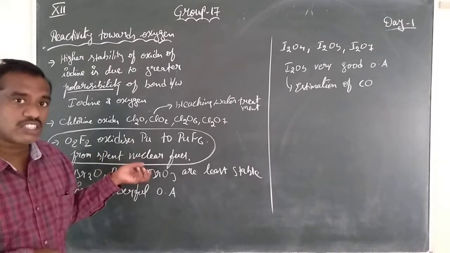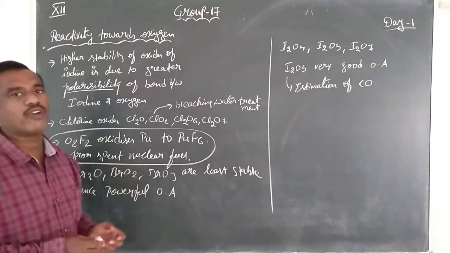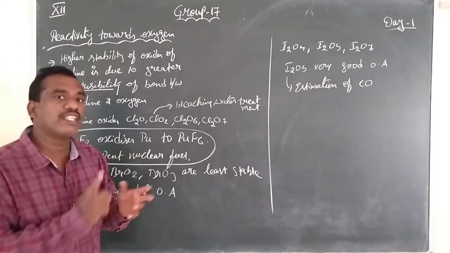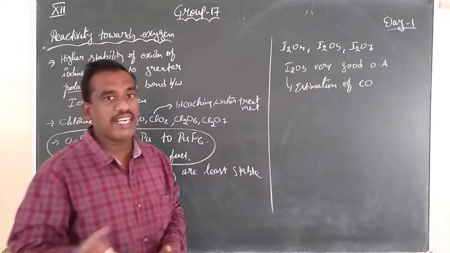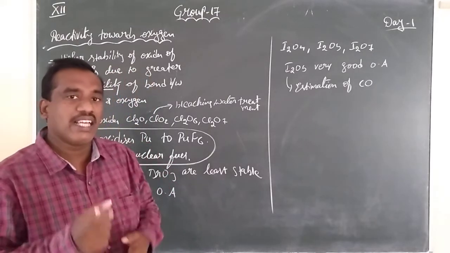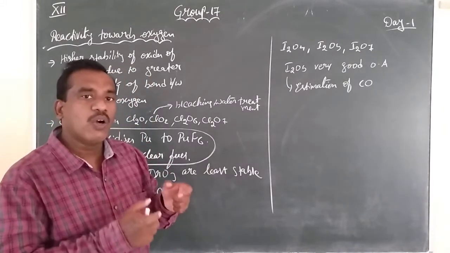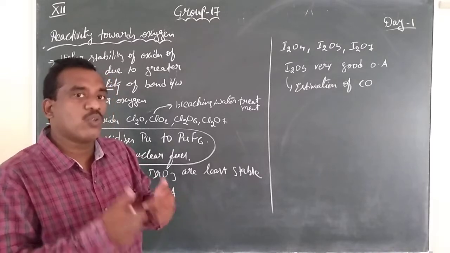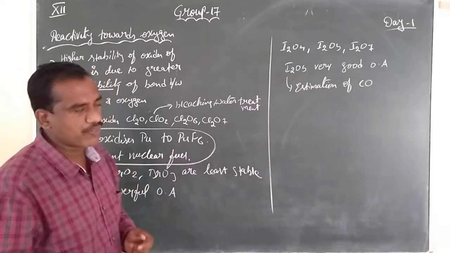O2F2 oxidizes plutonium to plutonium hexafluoride from spent nuclear fuel. So plutonium is being combined with an electronegative element in the presence of O2F2. O2F2 is acting as a good oxidizing agent to oxidize plutonium to plutonium hexafluoride.